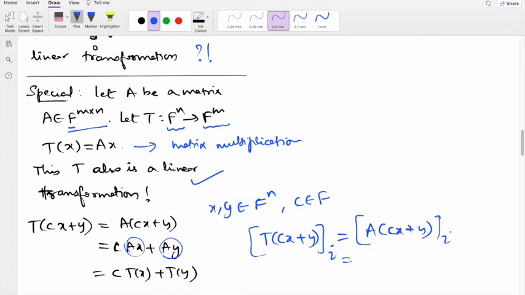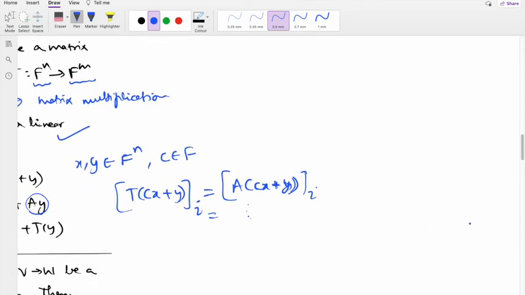The ith element of such a matrix multiplication will be taking the ith row of A and multiplying it with this particular vector cx + y, and then you'll have a summation over j coming here, because you need to take each element-wise multiplication of A. So okay, let's do it. We'll see how to formally prove such things.